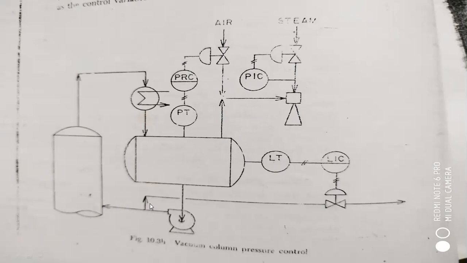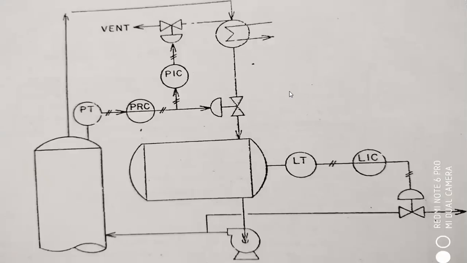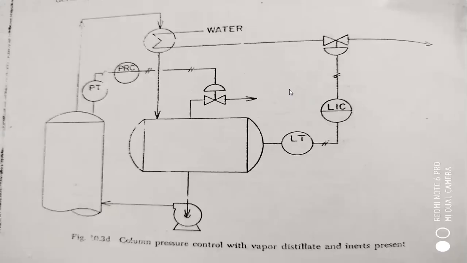So by continuously removing this, you are maintaining the level. Okay. This is again a typical control which we have just seen. Okay, so we have water basically coming to maintain the water level here, with the pressure transmitter and pressure regulating control.